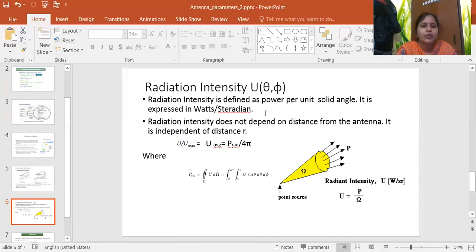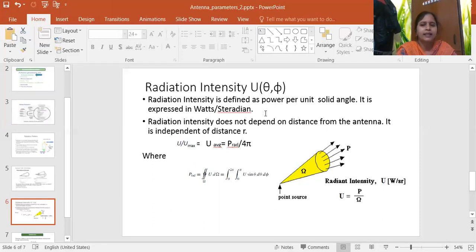So U average is a normalized value, that is U by U max, which is equal to P radiated by 4 pi. So how to calculate P radiated? P radiated is equal to power radiated in theta direction and phi direction.